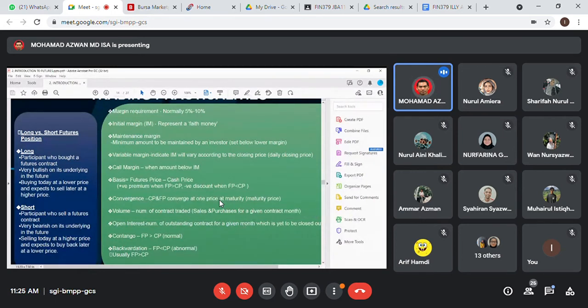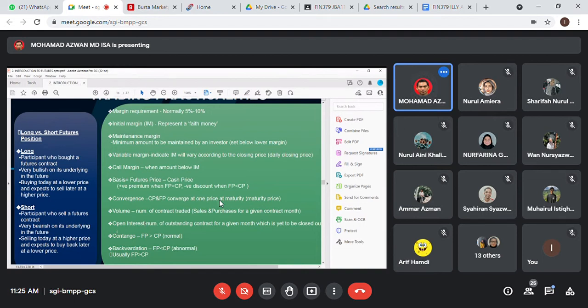Okay, for November that yet to be closed. Yet to be closed. That is open interest. Open interest is also called open position. Open interest, also known as open position.